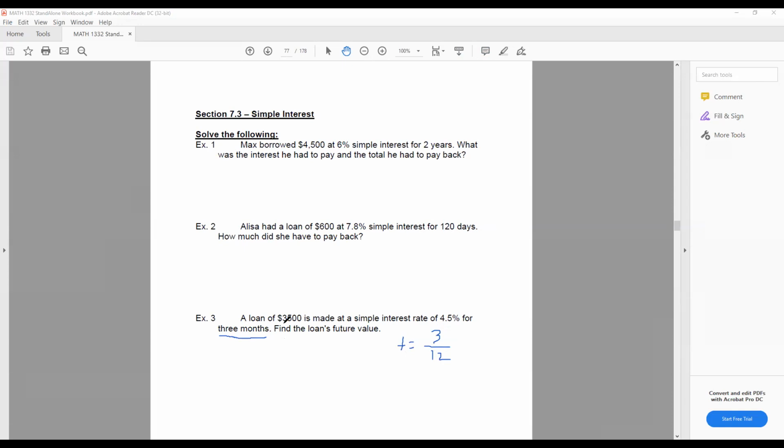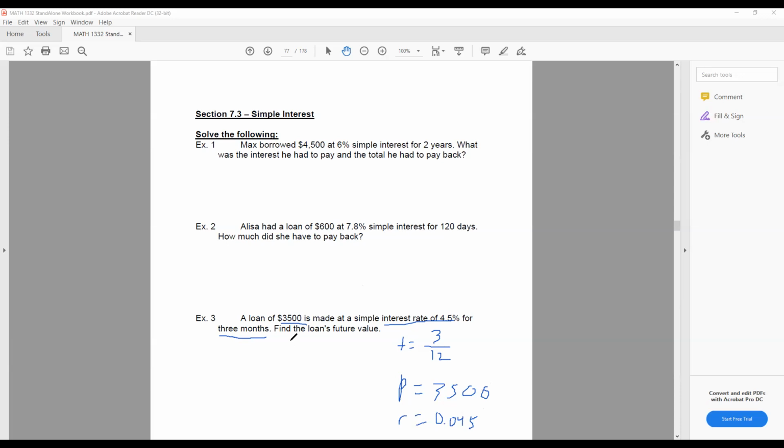The rate and principal is right here. It's the same deal, right? So P is 35. Rate will be 4.5 divided by 100, which is 0.045.